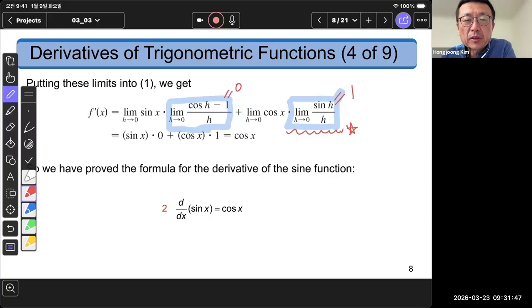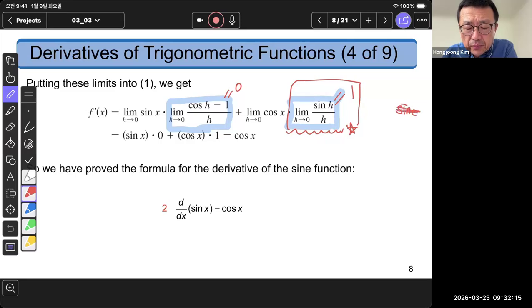So the limit of sine h over h will be not 0, not infinity, but 1. That is a very important formula. Later, if you came from engineering departments, you will define the sinc function based on this fact.